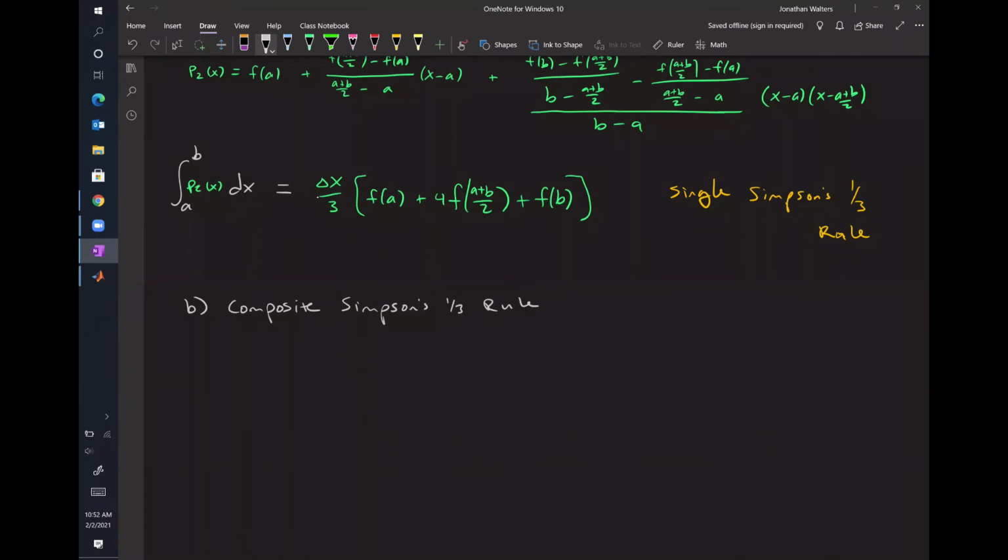This is really maybe hard to draw, and I probably shouldn't try, but I will. So let's say I want to integrate from a to b, basically the same function we had last time we did composite. Again, we're going to cut this up into a bunch of little subintervals.